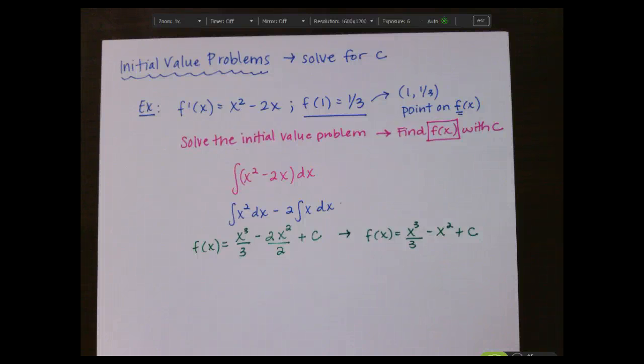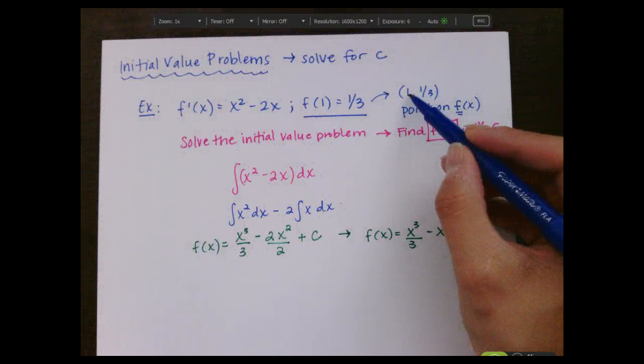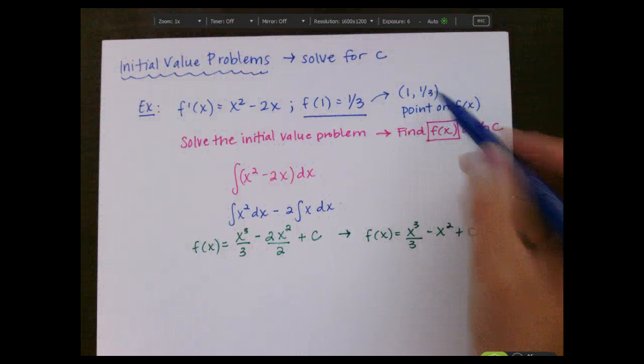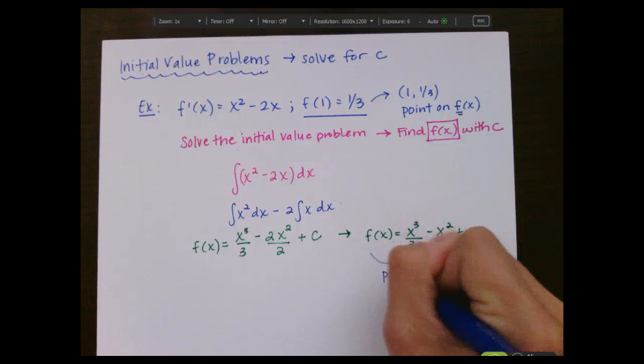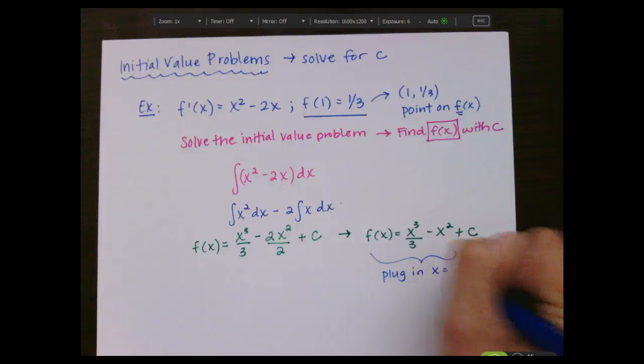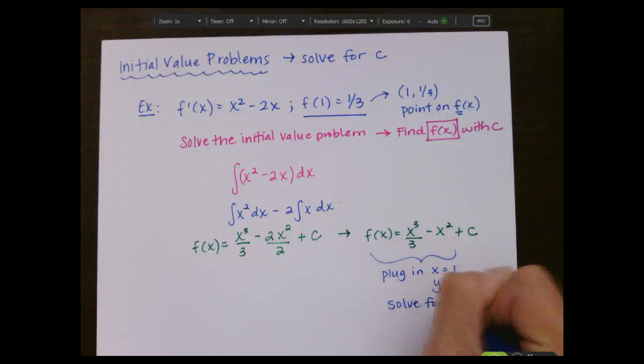And we have a generic function f that represents our antiderivative. We want a specific function f where we know that if x equals 1, y equals 1/3. So what we're going to do is take this and plug that in, x equals 1 and y equals 1/3, so that we can solve for c.